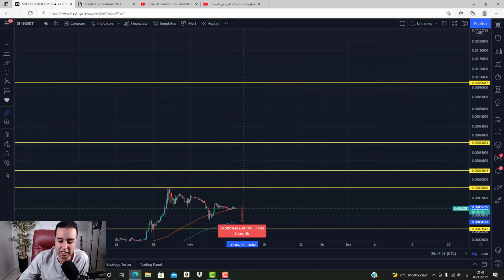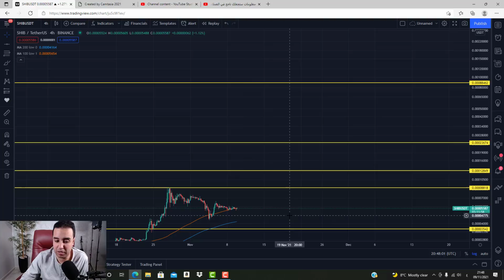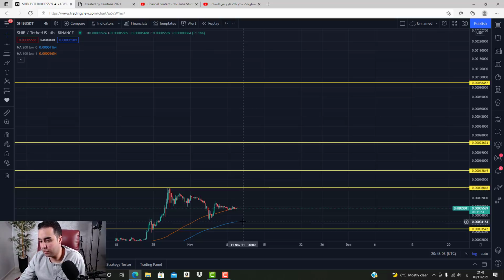Then you can add another 50% if the market goes all the way down, retouching this level here, which is I think 4,000. This is how we trade, and this is how we made money this year, or last year at least.